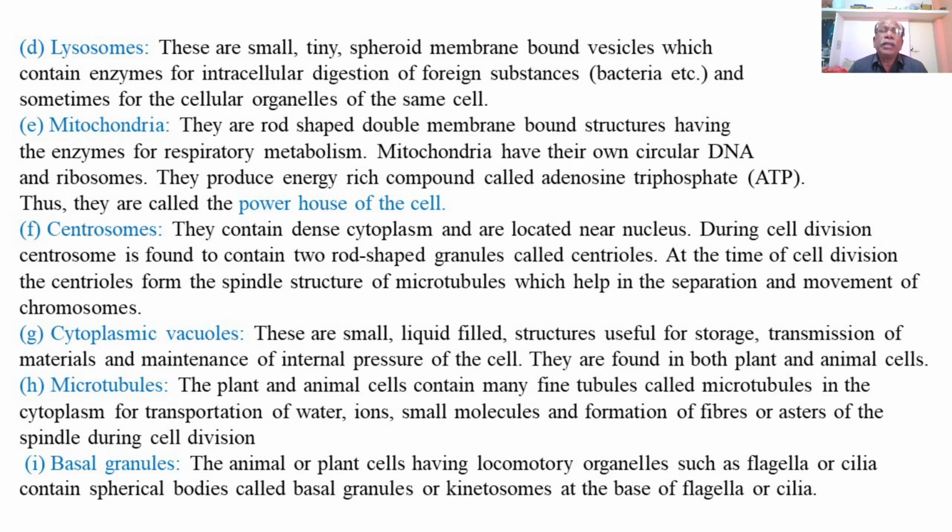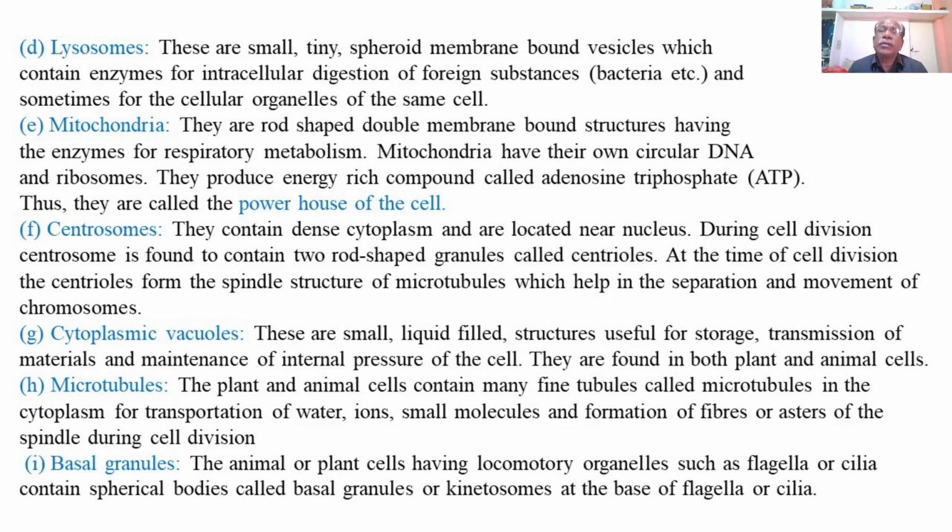So mitochondria have inward foldings, the folded structures called cristae, that are formed by the inner membrane of the mitochondria. Then the mitochondria possess a large number of enzymes useful for respiratory metabolism. Mitochondria have their own circular DNA.